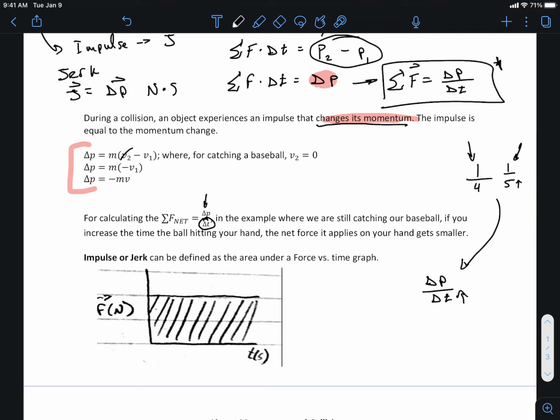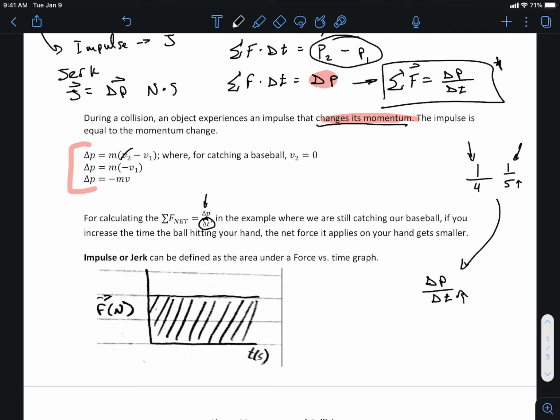Sorry. So if you move your hand as you're catching it in the same direction as the ball's motion, you're going to increase the amount of time that the ball is experiencing this deceleration, or the change in momentum.